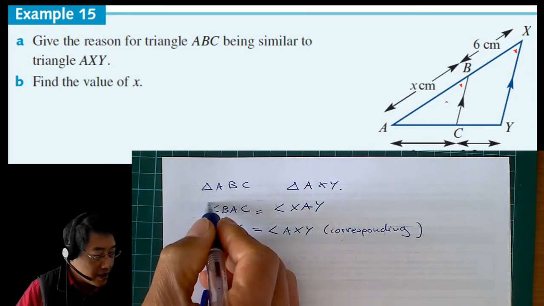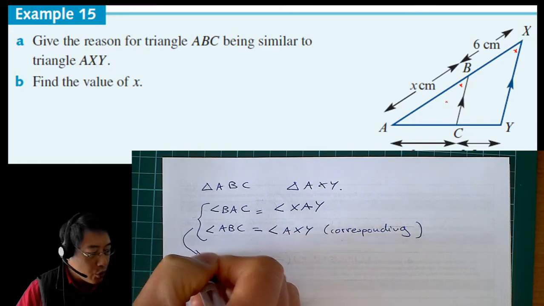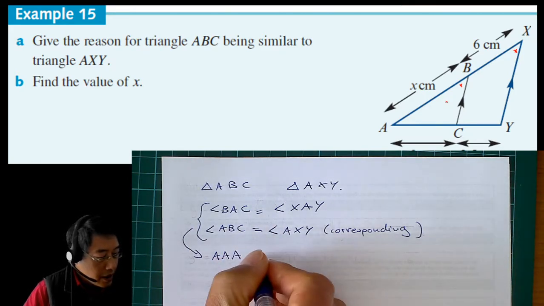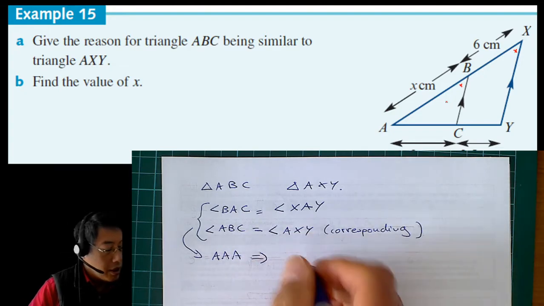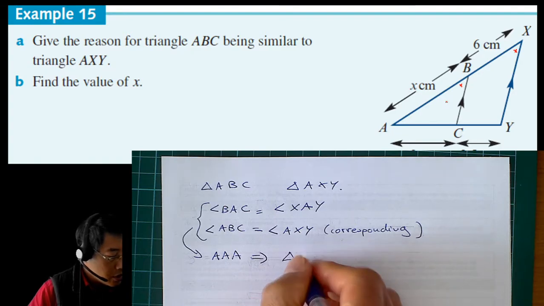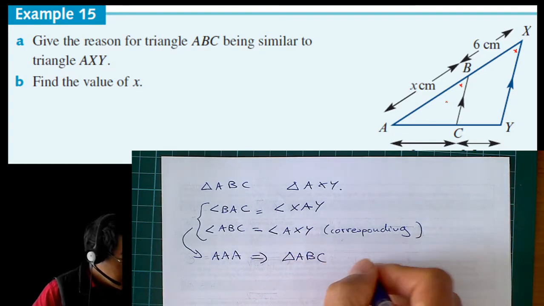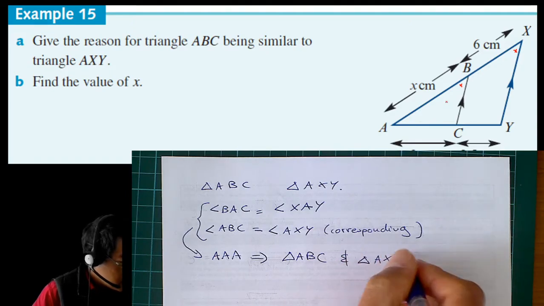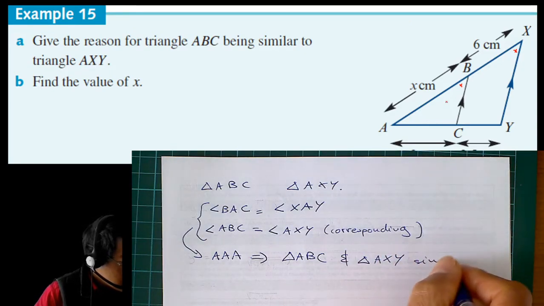Then I can say this is enough for the property triple A, and I can conclude that those two triangles are similar.